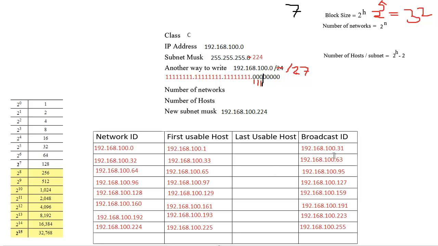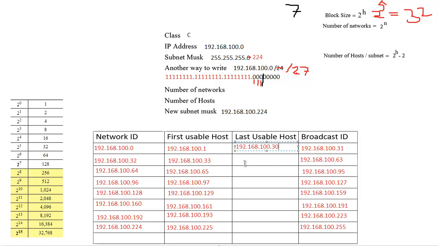This is class C, so the first 3 octets always remain the same, only the 4th octet will change. So the broadcast ID is 192.168.100.31, and just before 31 is 30.